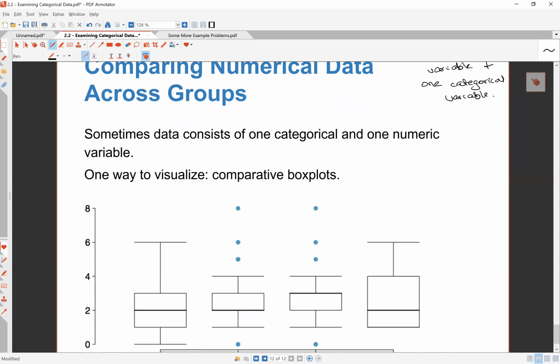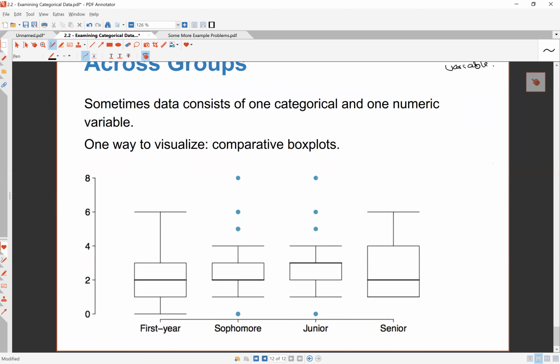So what we do in that instance is, one of the best tools to use is a comparative box plot. So we separate the data out by the categories.